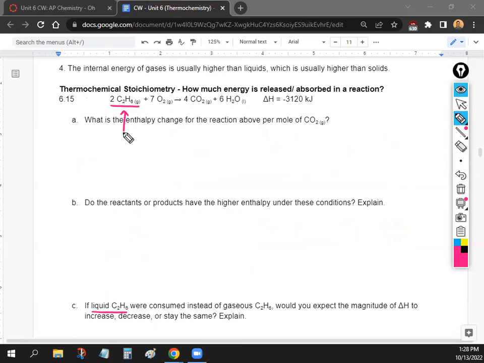So instead of gaseous, we used liquid. How do you think the delta H is going to change? Is it going to go up? Is it going to go down? Or will the number stay the same? Okay, so I'll give you guys a minute to think about that. And then after that, we will move on.